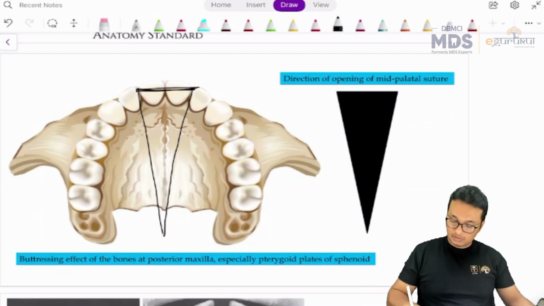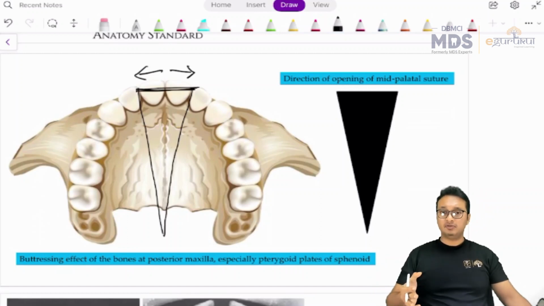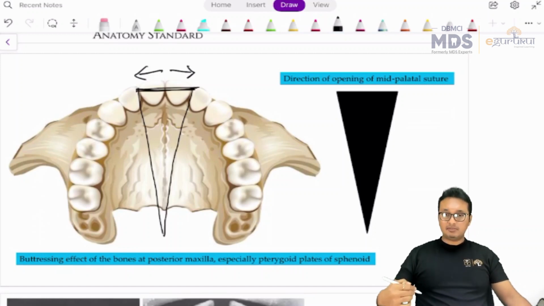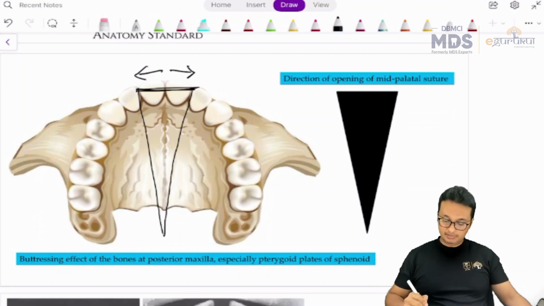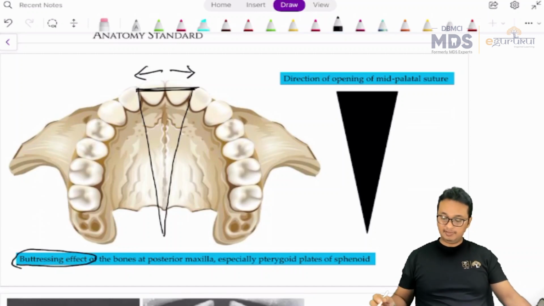So that means more opening is seen in the anterior region, and less and less opening is seen as you go behind. So why is less opening seen in the posterior? Because of something known as the buttressing effect of bones at the posterior maxilla, specifically the pterygoid plates of the sphenoid bone.